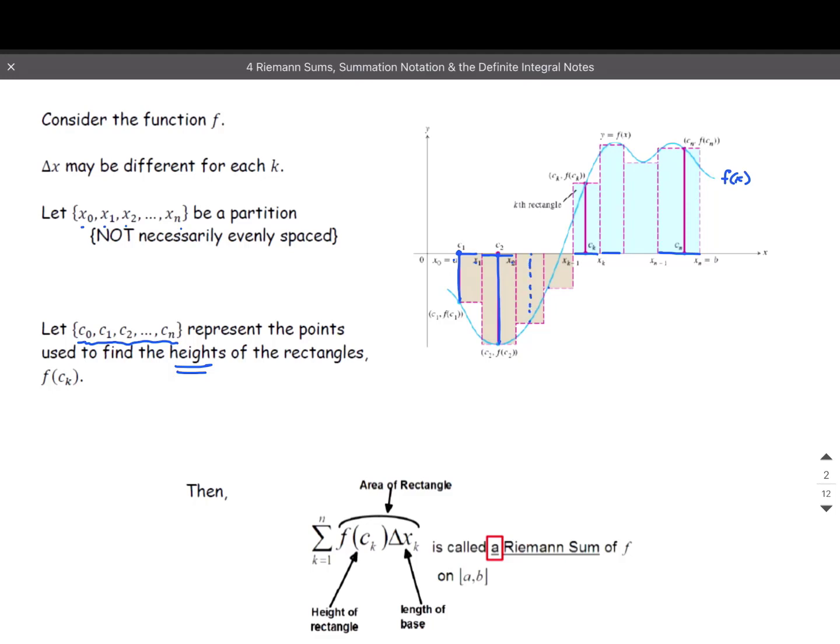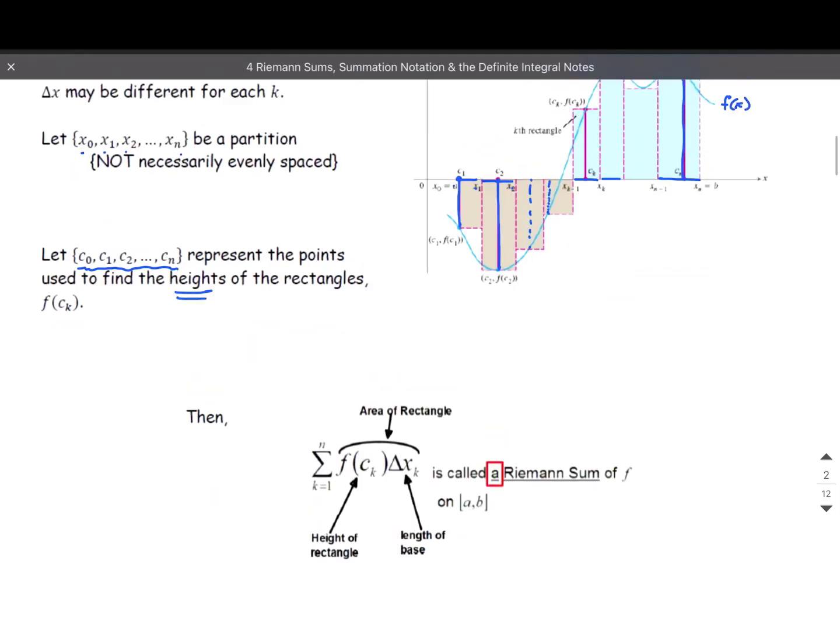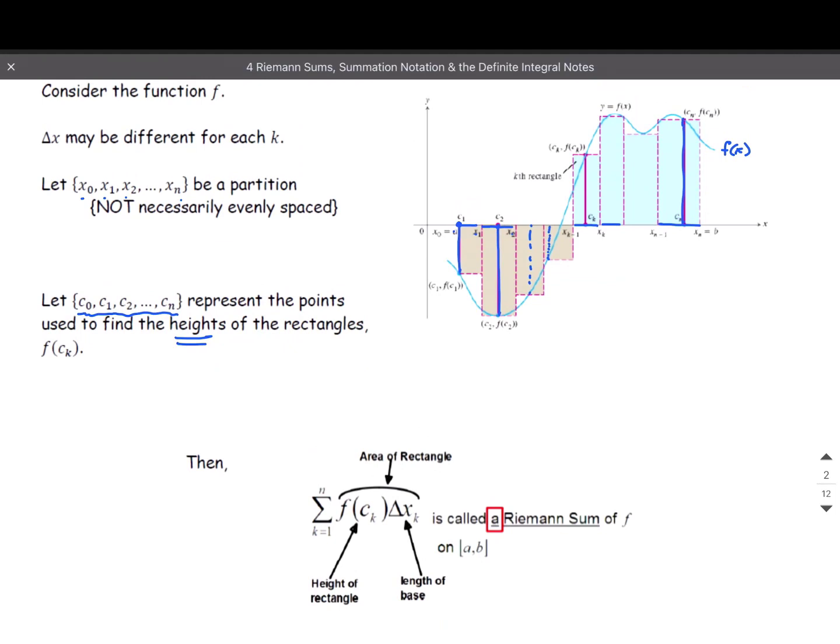But notice in the fourth one, it's just this random x value there. It doesn't matter, and in the last one, it's just some random x value in that subinterval that was used to find the height. It does not matter.